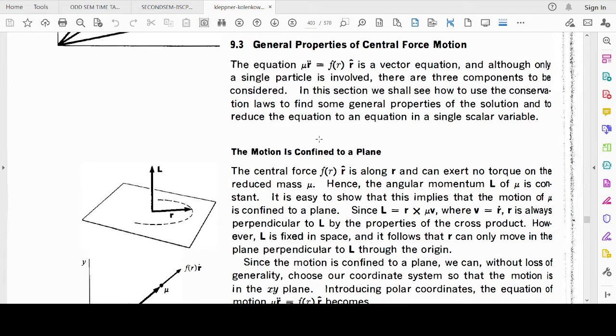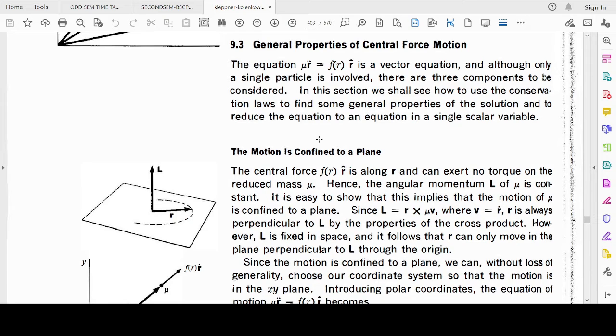Since the central force is along r cap, r cross r cap is zero. Therefore, the torque is zero. So the central force does not exert any torque on the body, on the reduced mass.